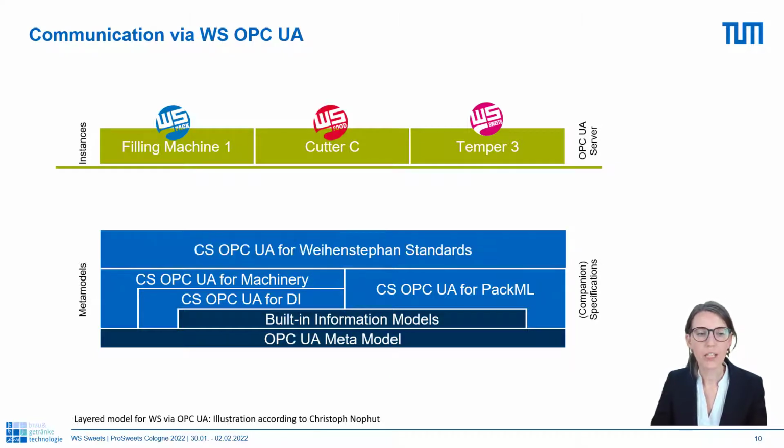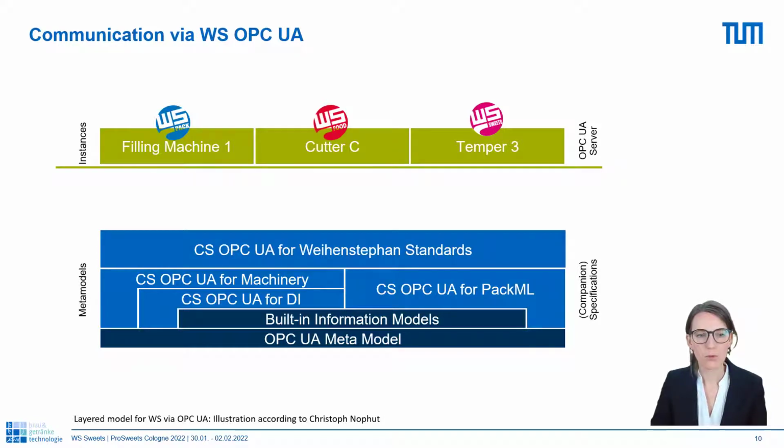On top of these, we have our own companion specifications, the companion specifications for Weihenstephan Standards. Inside these companion specifications, the data points are not included, but the data types and the way to structure our machines are included. So which functional group folders are expected on this OPC-UA server instance, but no certain data point.